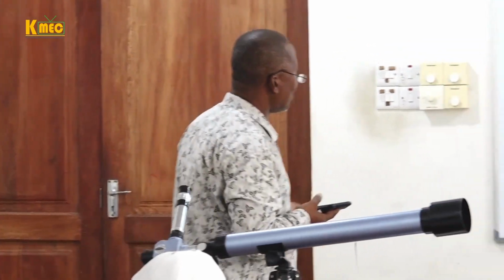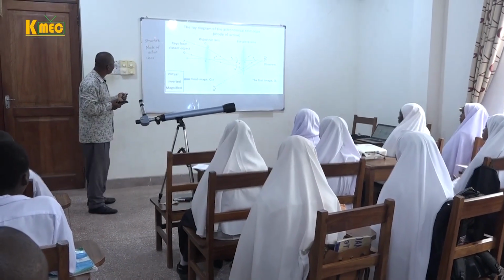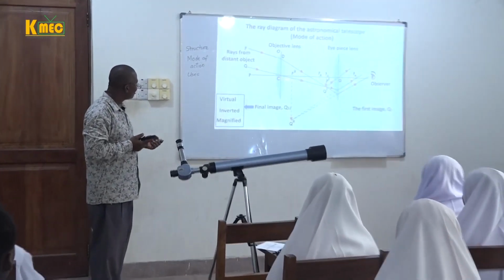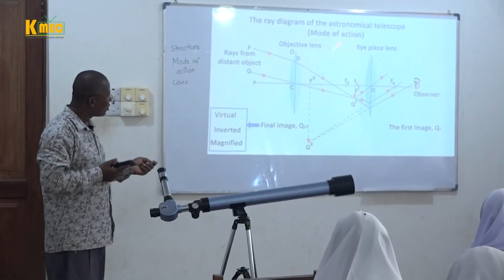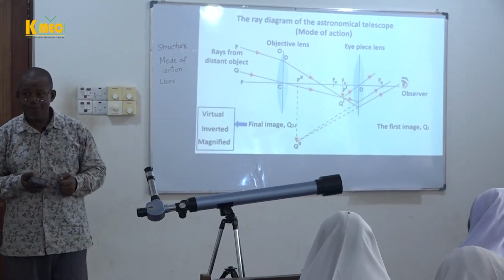First we have the structure, then we were concerned with the mode of action of the astronomical telescope. I hope you can describe the mode of action of the astronomical telescope, right?